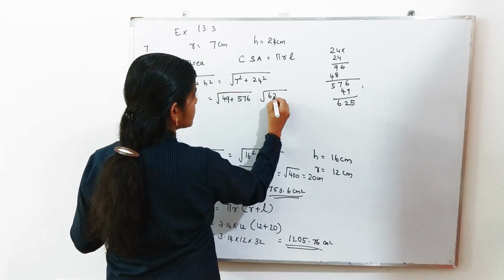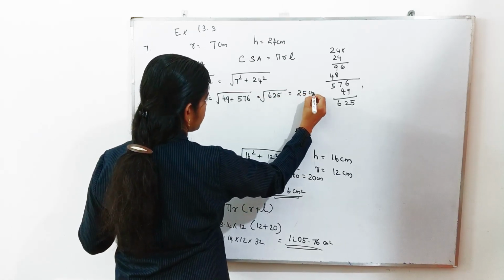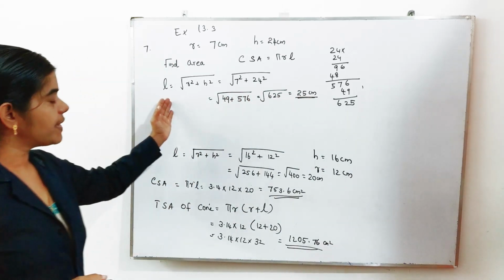Root of 625 is equal to 25 itself. So you got the value of L.